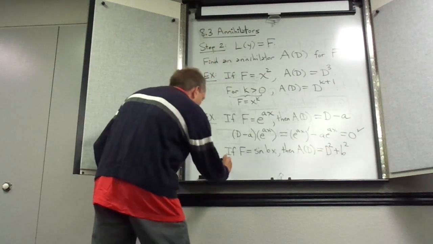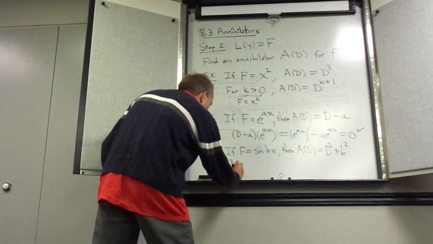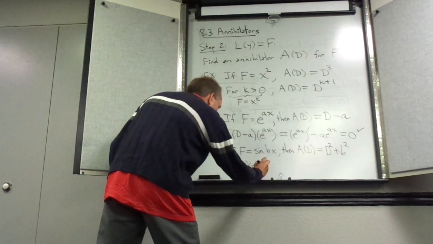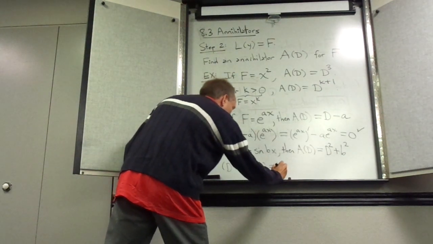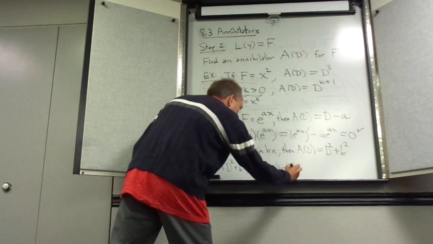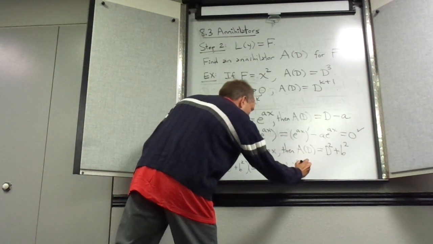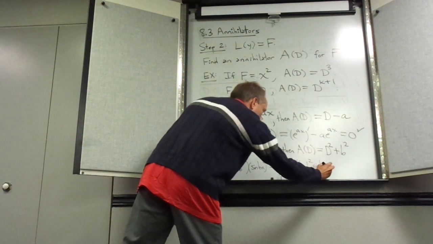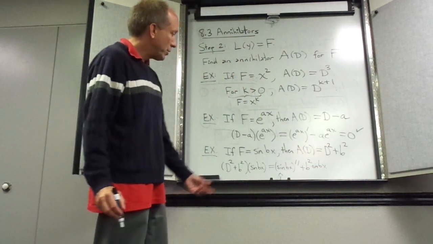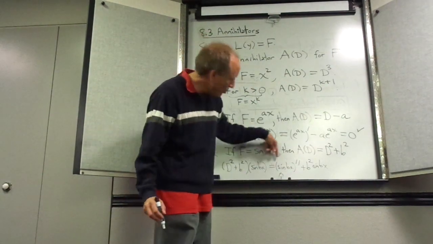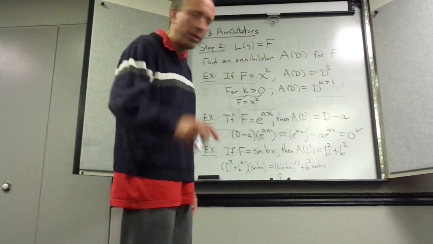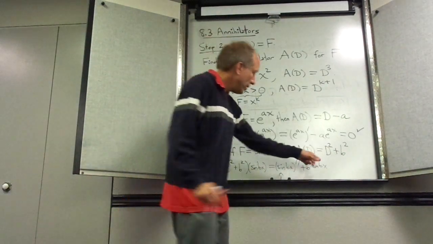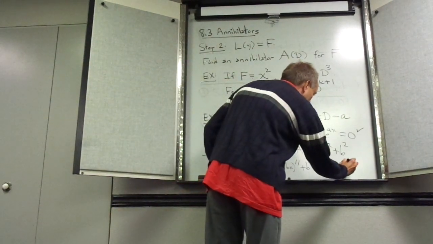So let's just check this really quick. If we take D squared plus b squared times the sine of bx, this will be the sine of bx differentiated twice plus b squared times the sine of bx. And it's pretty easy for you guys to check. If you take two derivatives of the sine of bx and use the chain rule to pull the b's out each time, you're going to end up canceling this thing out again.